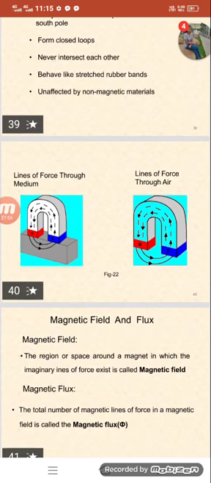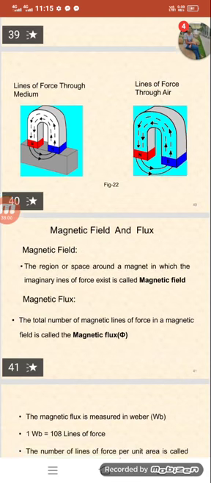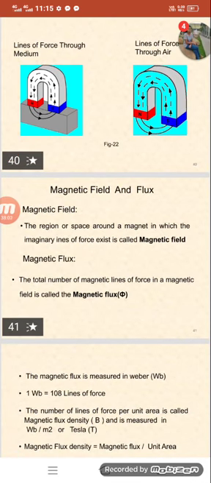And after that we have some definitions regarding the magnetic field and magnetic flux lines. So we have some terms and definitions regarding magnetism. What is the meaning of magnetic field? The definition of magnetic field: the region or space around a magnet in which the imaginary lines of force exist is called the magnetic field.